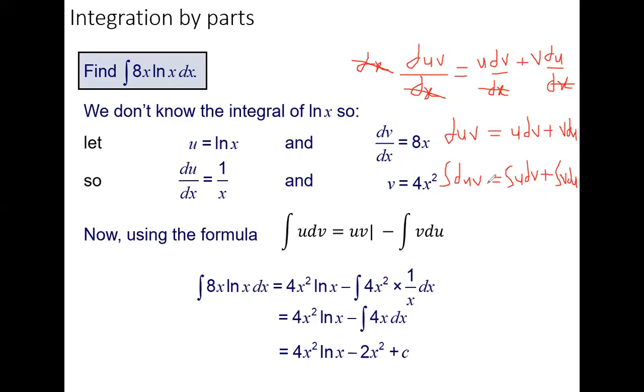But the integral and the derivative are inverse, or opposite, functions, so they will cancel out. So you are left with uv equals the integral of u dv plus the integral of v du.